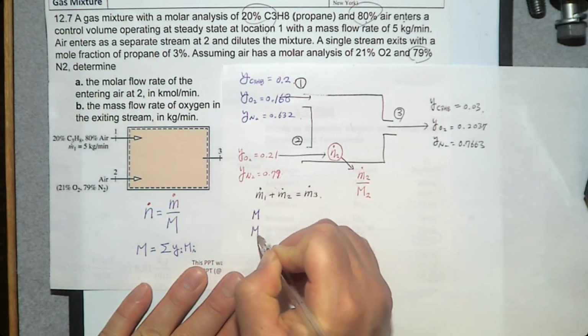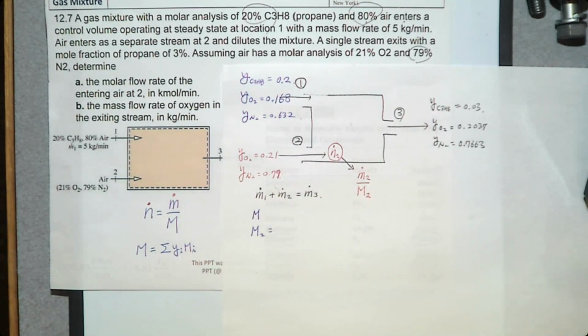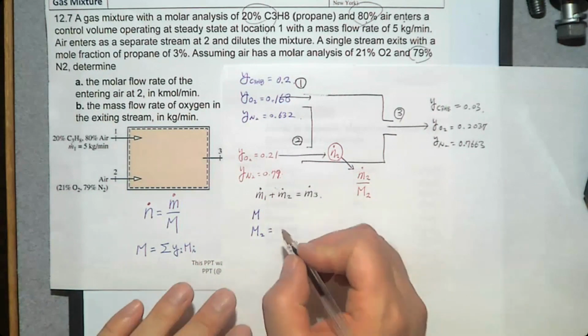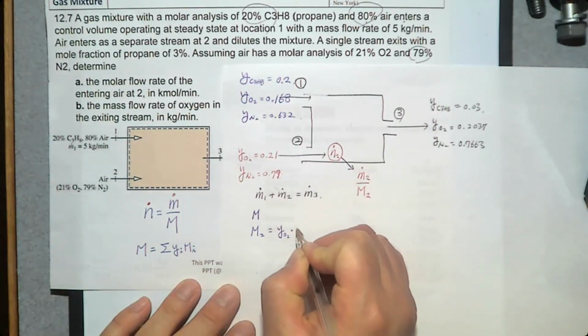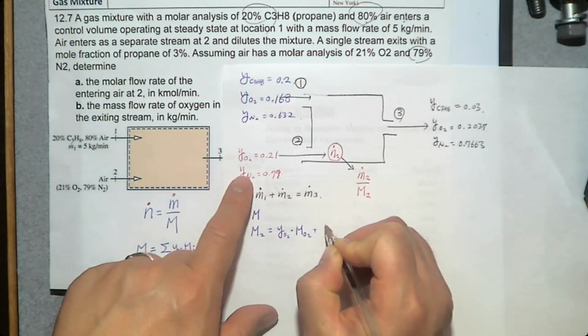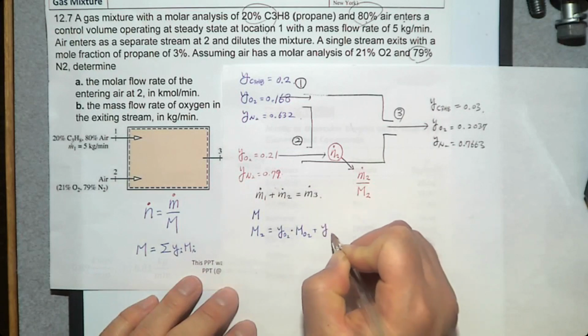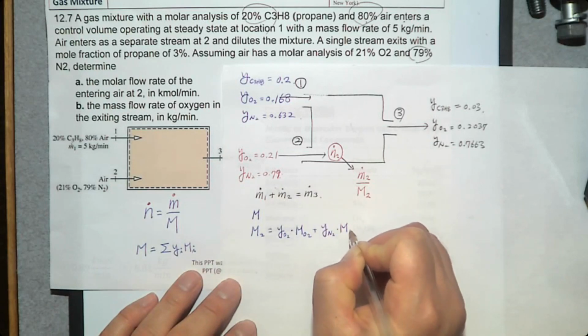Let's calculate M2, which is this one. The molecular weight at inlet number 2 is going to be the mole fraction of oxygen, Y of O2, times the molecular weight of oxygen plus the mole fraction of nitrogen times the molecular weight of nitrogen.